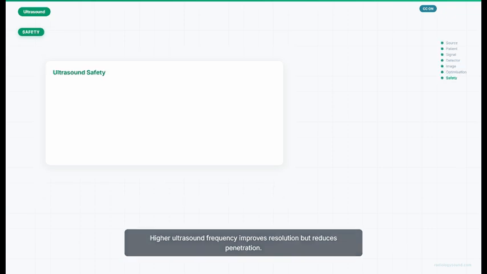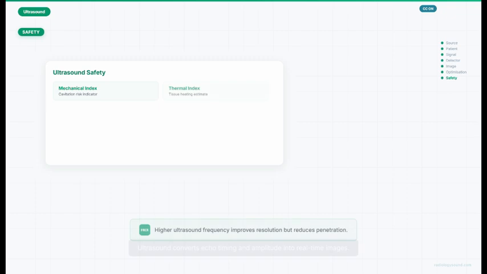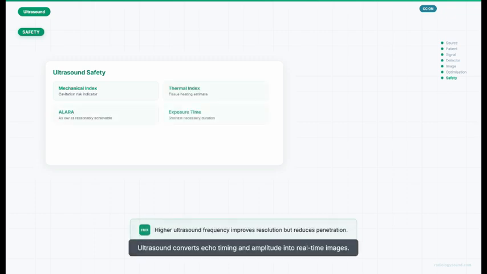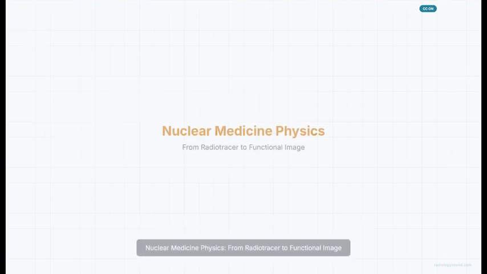Hence, you understand the relationship between high frequency and depth, etc. Let us now say something about safety, which includes mechanical index, thermal index, exposure time, ALARA, especially in obstetrics cases. So now, nuclear medicine.